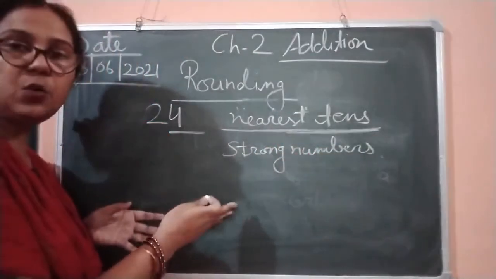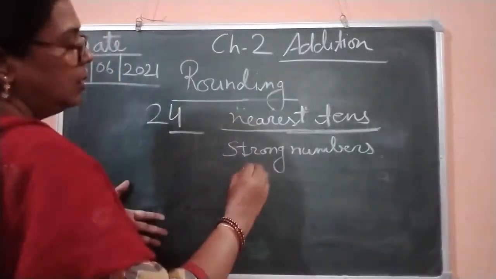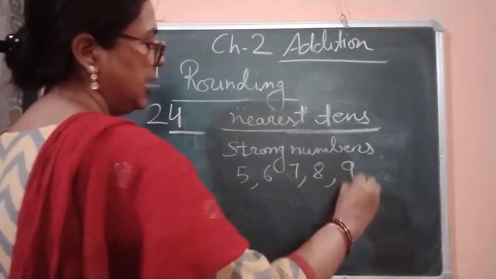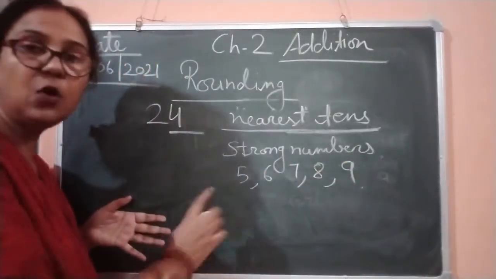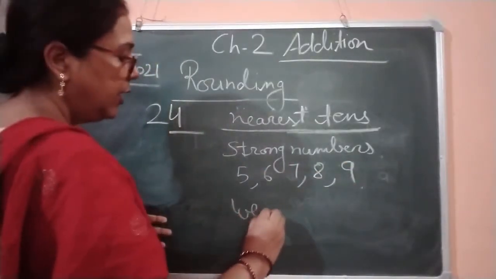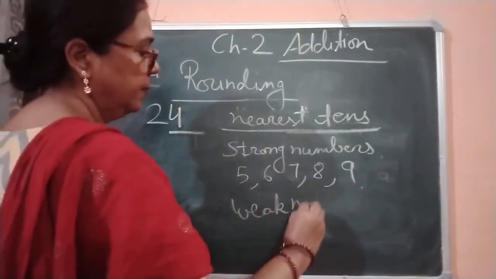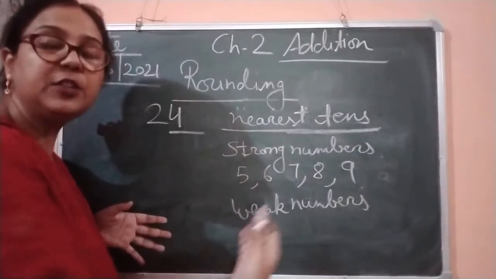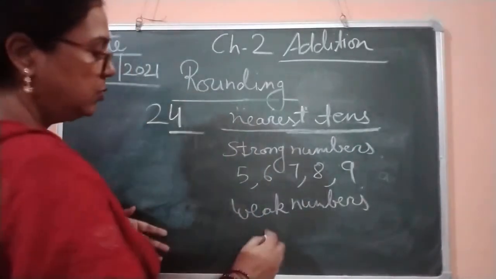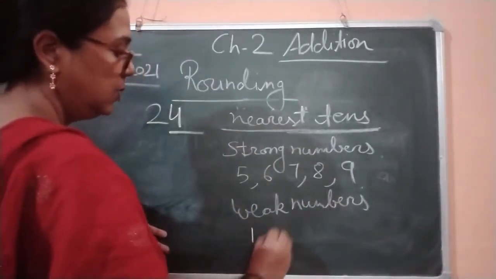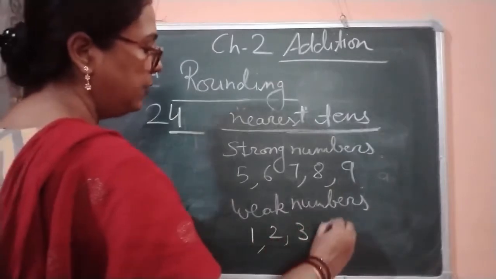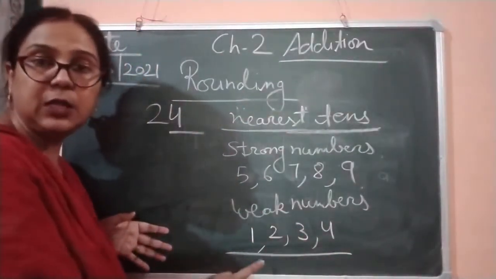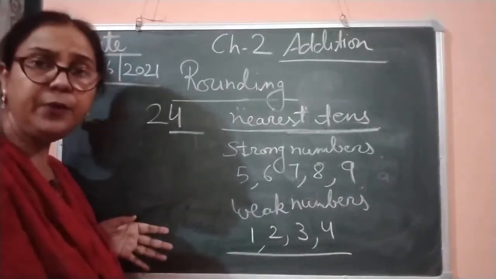It is very easy to understand: 5, 6, 7, 8 and 9 are the strong numbers. Now what are the weak numbers? Those which are below 5: 1, 2, 3 and 4. These are all below 5, so these are the weak numbers.